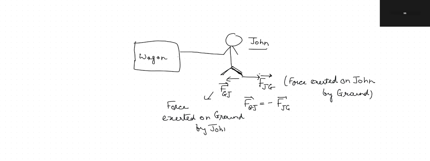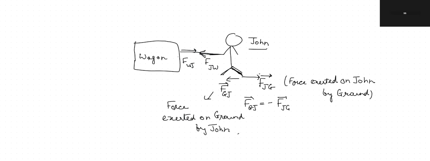Okay, now his pulling force. John is pulling the sledge. So John is pulling the wagon. So this is the force exerted on John by the wagon, which is in this direction, and an equal and opposite force will be the force exerted on the wagon by John.